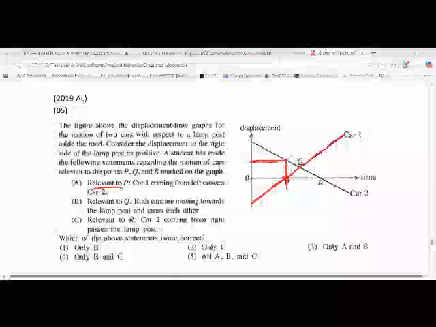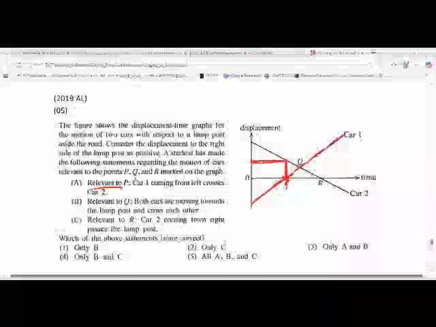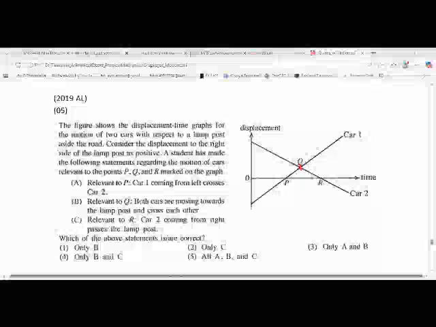And B, if you consider B, relevant Q. If you consider Q, what about it? Displacements are equal. Okay. Both displacements are equal. This may be that crossing point.